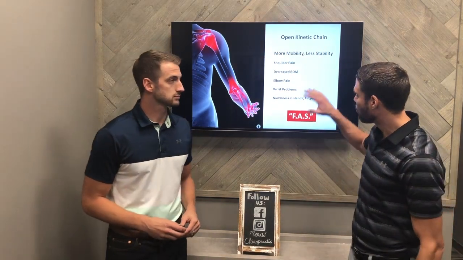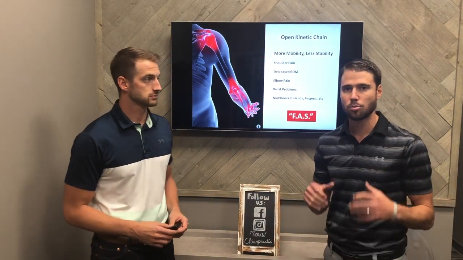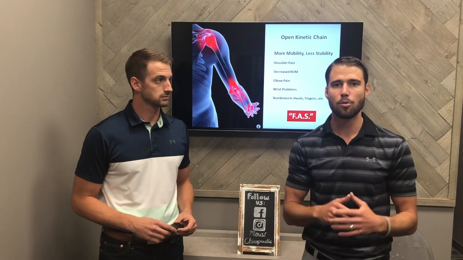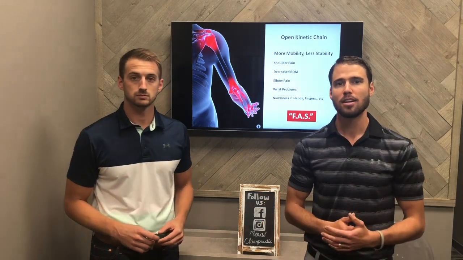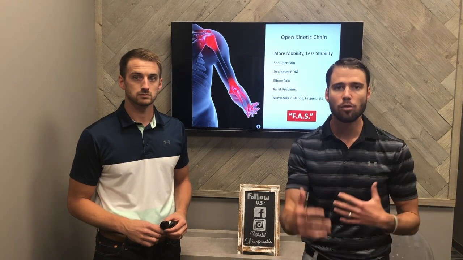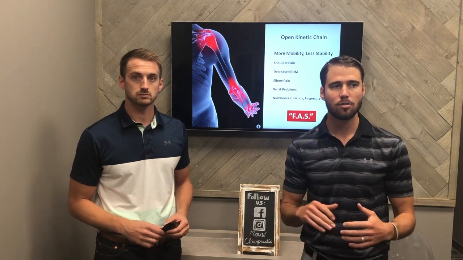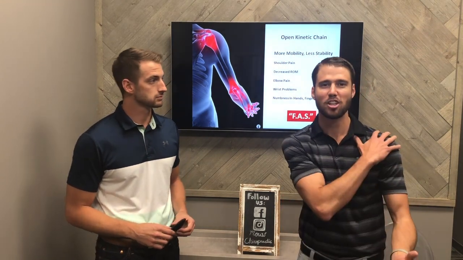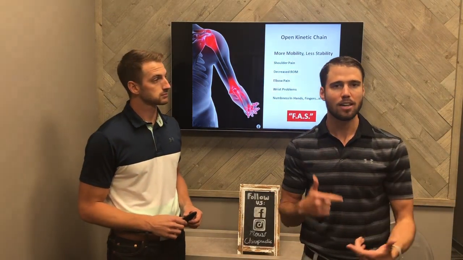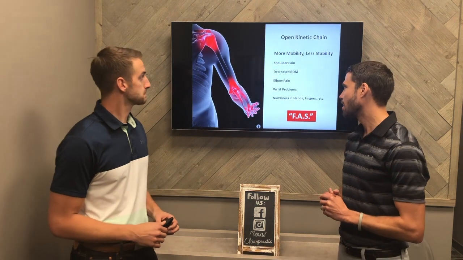Basically, what that can lead to is, since we have less stability and less muscle support, we can have more injuries. Especially, we see a lot of overuse injuries. A lot of times we're asking this open chain to do something that it's not designed to support, and so we get some injuries that can happen.